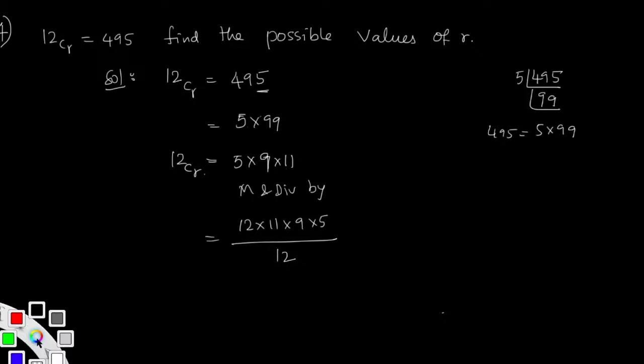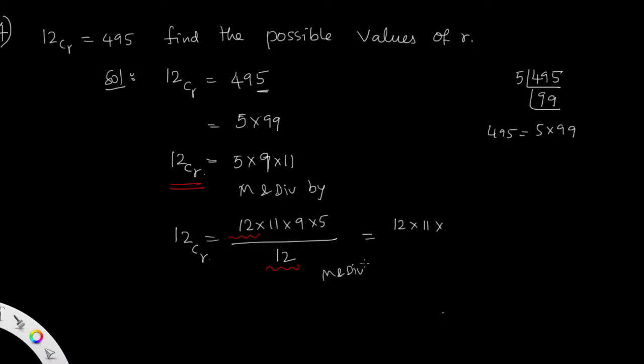Since 12 is not there, I am just multiplying numerator and denominator by 12. Now after 12, 11 is there but 10 is not, so I multiply and divide by 2 to get the 10.